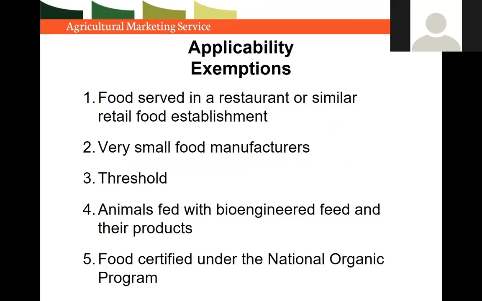The proposed rule indicates three alternative thresholds, which are: 1, food in which an ingredient contains a BE substance that is inadvertent or technically unavoidable and accounts for no more than 5% by weight of the specific ingredient. 2, food in which an ingredient contains a BE substance that is inadvertent or technically unavoidable and accounts for no more than 0.9% by weight of the specific ingredient. And 3, food in which the ingredient or ingredients that contain a bioengineered substance account for no more than 5% of the total weight of the food in final form.